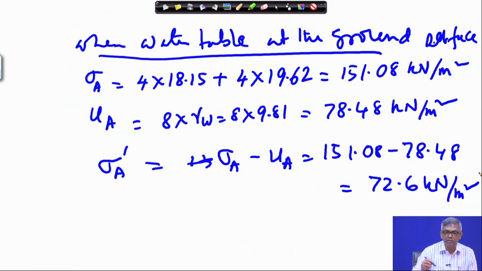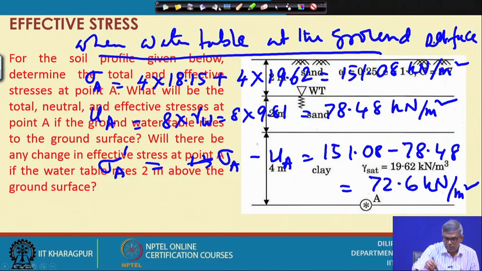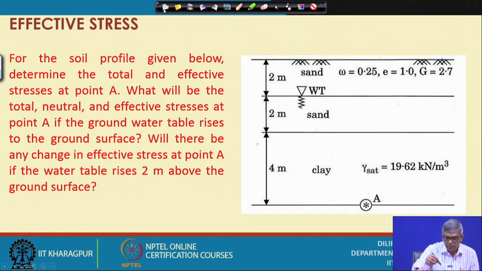This is one part. Now, I will go back to the next problem, that is your third part. Will there be any change in effective stress at point A if the water table rises 2 meter above the ground? So, that means water table was here, now it has gone here, now it is going here, somewhere here, water table.